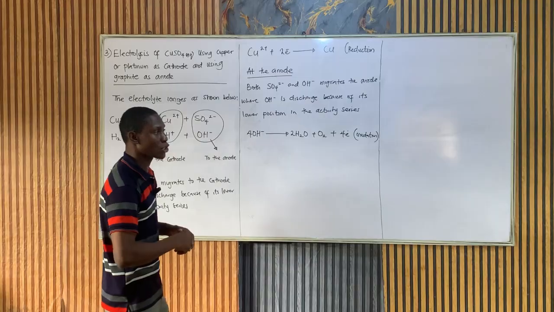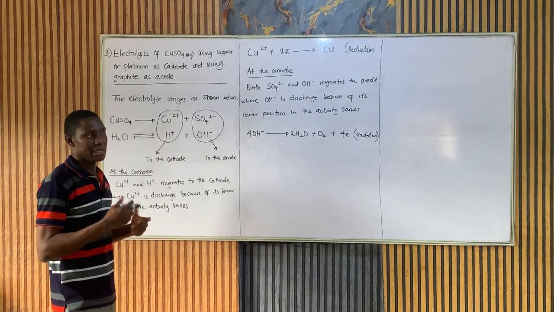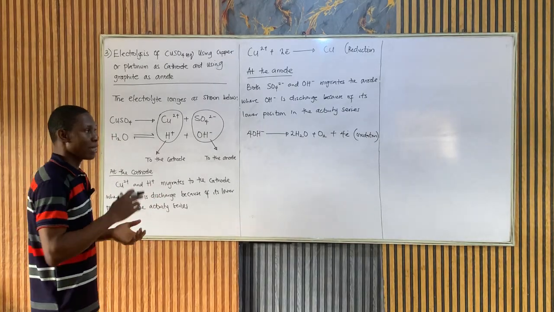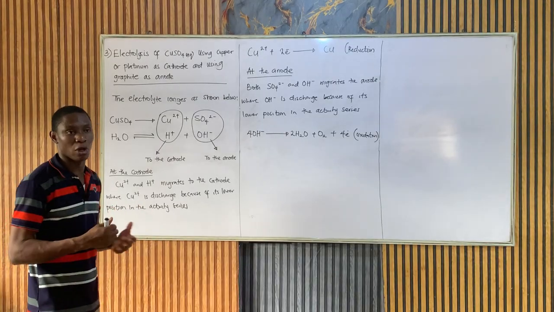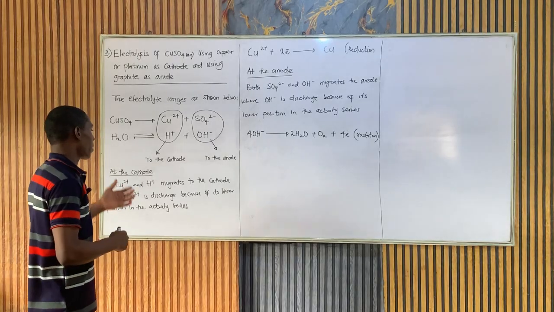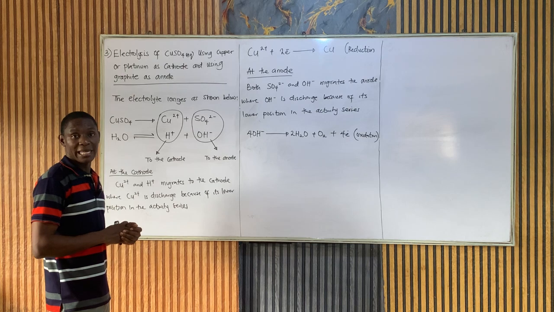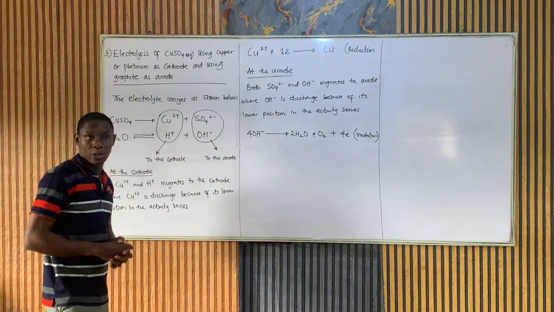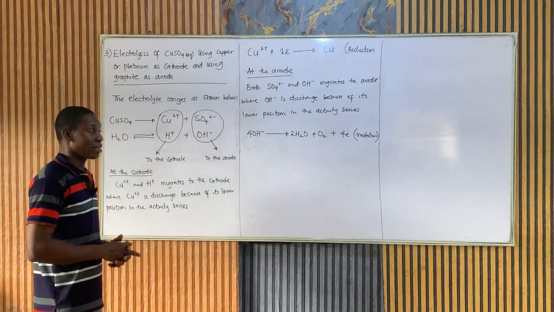It goes back into the solution, and that's why another question you can be asked in JAMB or WAEC about this electrolysis of copper 2 tetraoxosulfate(VI) is that during the electrolysis of dilute or aqueous copper 2 tetraoxosulfate(VI), what happens? A, hydrogen is discharged at the cathode, and that is wrong. B, SO4 2- is discharged at the anode. That is wrong.